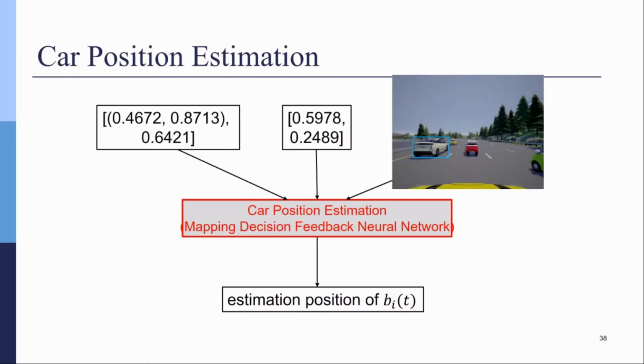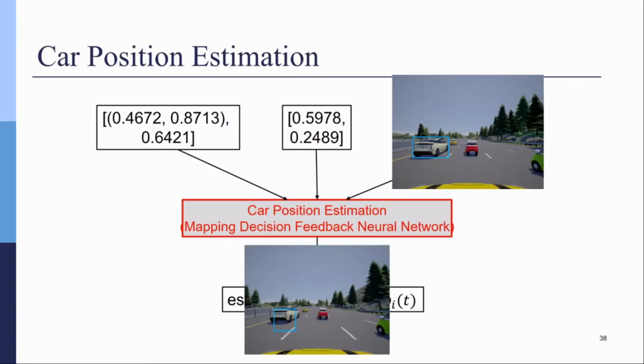All these input data are normalized. Then MDFNN will predict the current position of BI as shown in the figure.